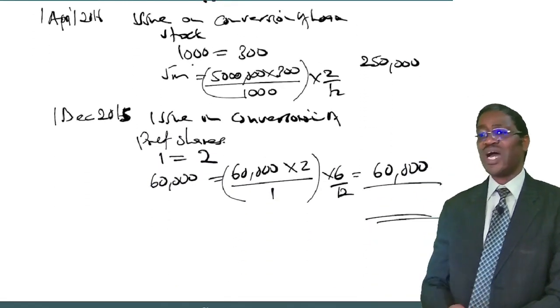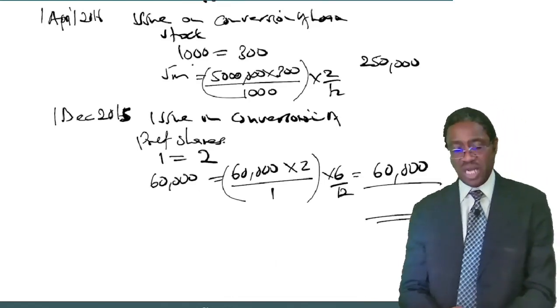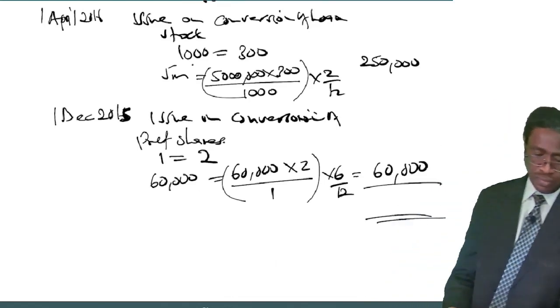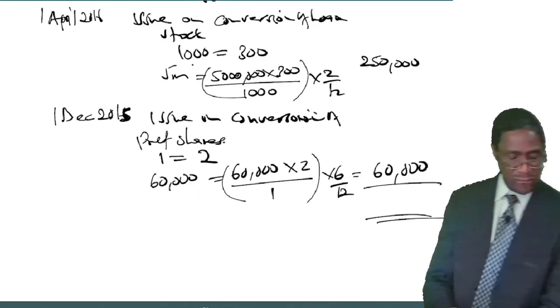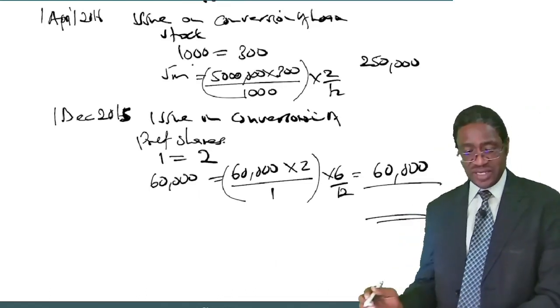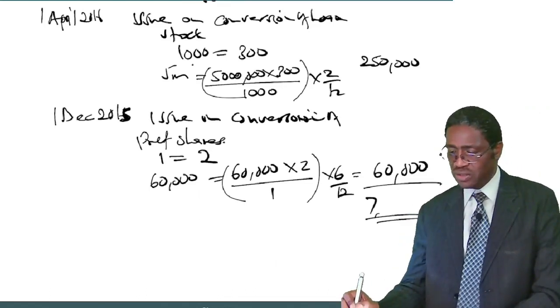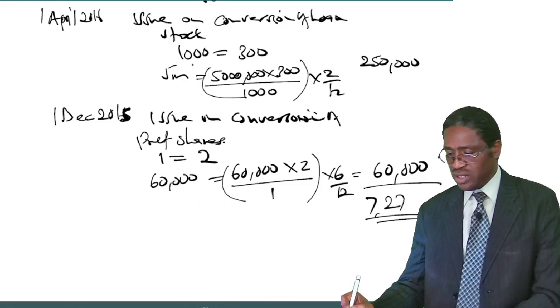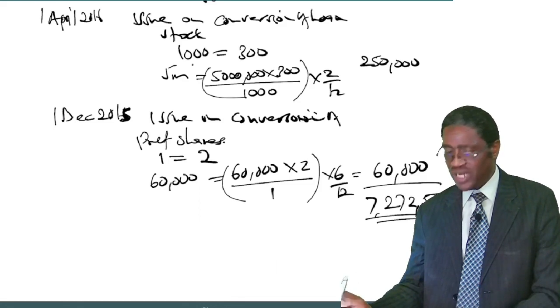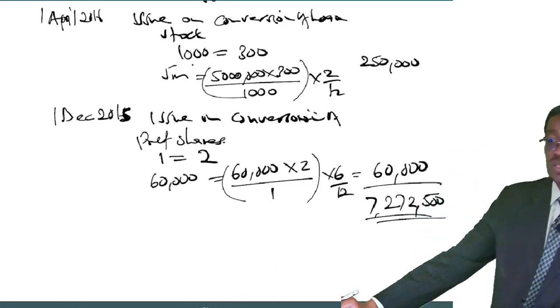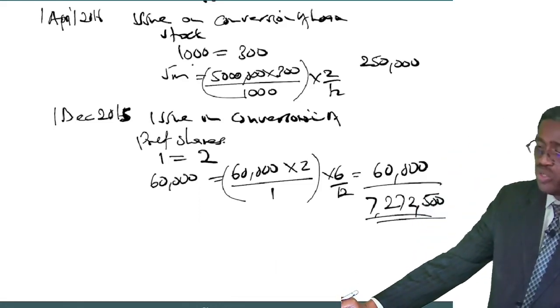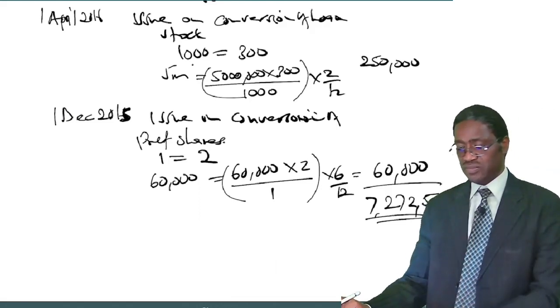What do you get as the weighted average number of shares? Okay. I am getting an amount of 7,272,500. I hope I'm right. 7,272,500. That is it.